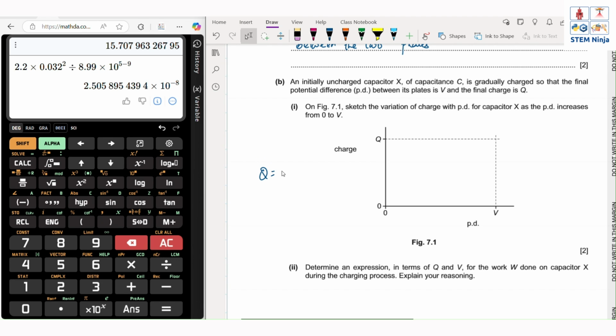So Q is equal to CV, so basically it would be a straight line because it's a constant proportionality. That's right, direct proportionality over here. So from 0, 0 to this.